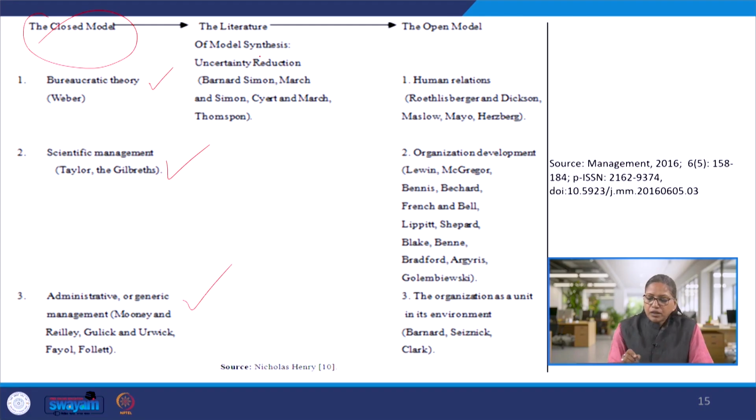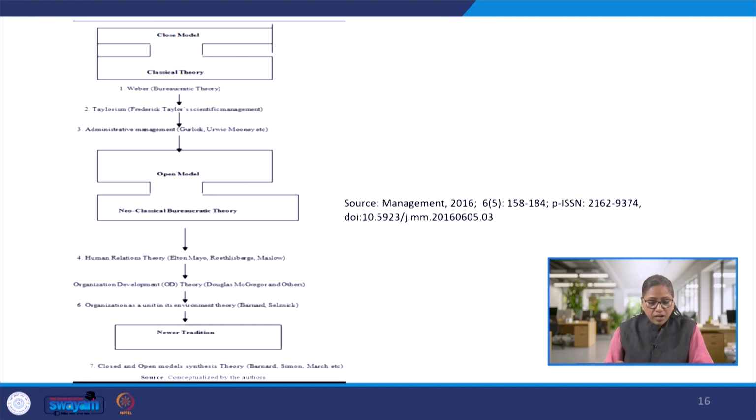As we move towards modern management, the focus is on human relations and organizational development, how people can be developed using different methods. The organization is considered as a unit, a network of association, and organizations are working in sync with the external environment.